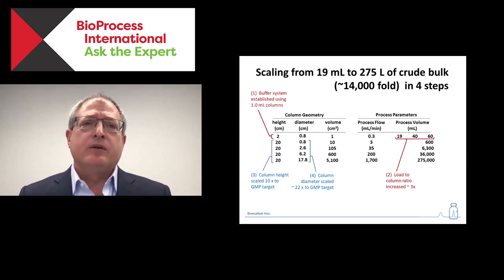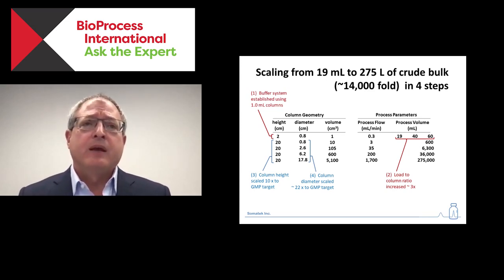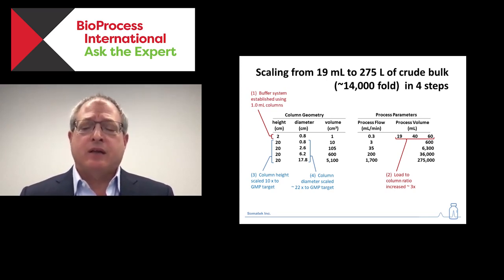And the next thing we do is we shift to what's basically a manufacturing scale column, a 20 centimeter tall column. And all of our subsequent work is done on a 20 centimeter column. This is what we anticipate the pilot and manufacturing facilities are going to be using. And we just scale column diameter.